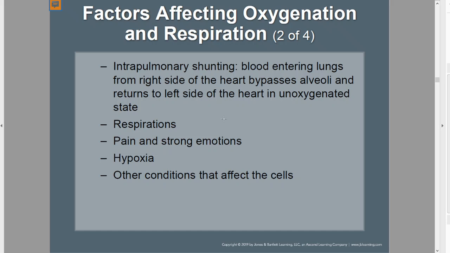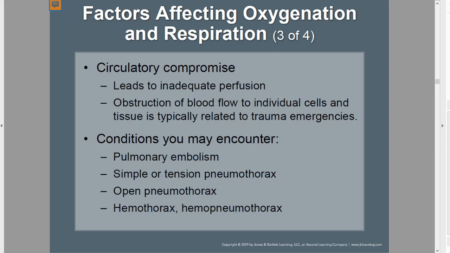We could have intrapulmonary shunting. That's blood that's entering the lungs from the right side of the heart, but bypasses the alveoli, and returns to the left side unoxygenated. And that could be a bad day. And then we understand circulatory compromise, like something traumatic, spleen, liver, we're bleeding out.